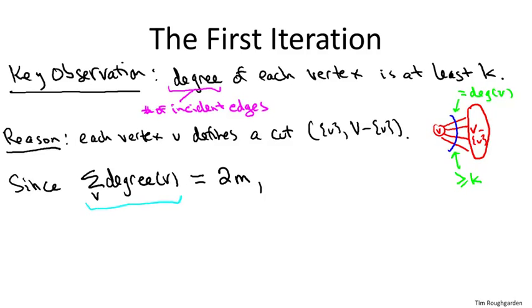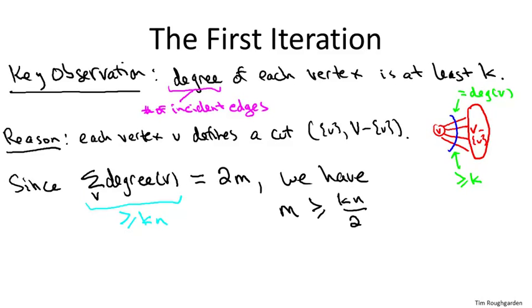Now, in this graph that we have at hand here, every degree is at least k, and there are n nodes. So this left-hand side, of course, is at least kn for us. So therefore, if we just divide through by 2 and flip the inequality around, we have the number of edges has to be at least the size of the crossing cut, or the degree of every vertex, times the number of vertices divided by 2.